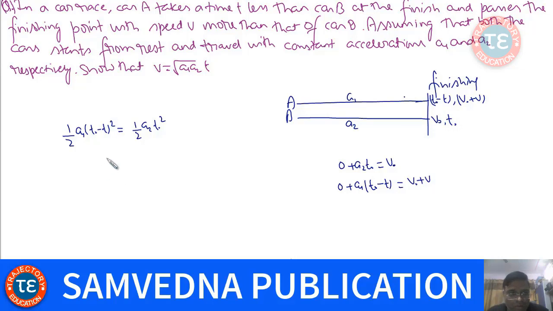Of course, t naught minus t has to be positive, time cannot be negative. So that is root a1 into t naught minus t equals root a2 t naught, that's a relation. Okay, so t naught minus t, we got the relation. So from here we can find t naught also.